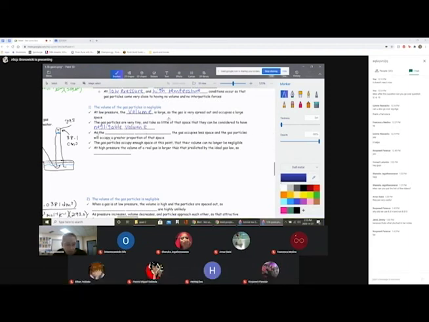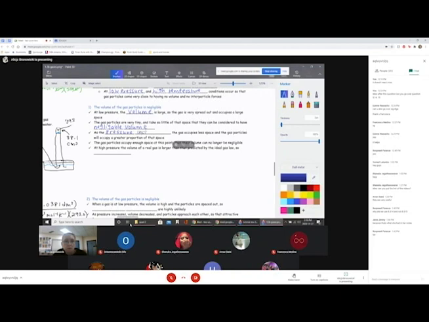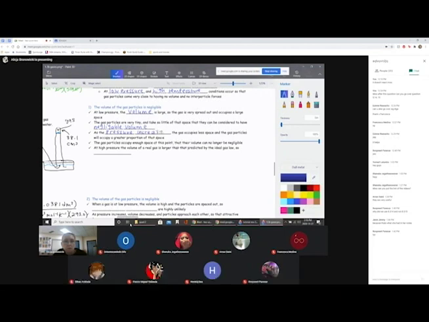Okay, so as the pressure increases, the gas occupies less space and the gas particles will occupy a greater proportion of that space. So they have volume now. The gas particles occupy enough space at this point that their volume can no longer be negligible.